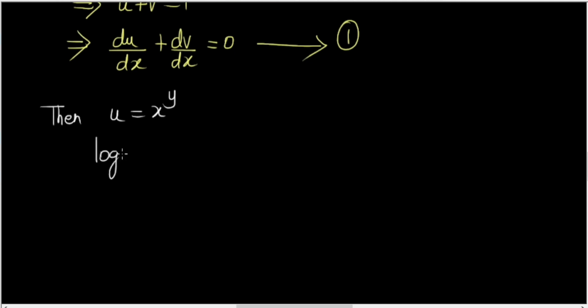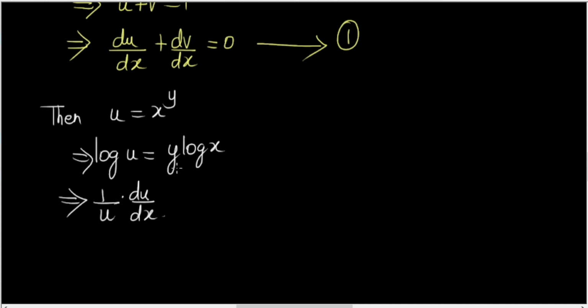So it will become log u is equal to y log x, as y comes in front as we are using log. And now we are going to differentiate with respect to x. So log u becomes 1 over u times du over dx, which is equal to, yes, here we are going to use our product rule. It's better to go for product rule as they are in the product form.